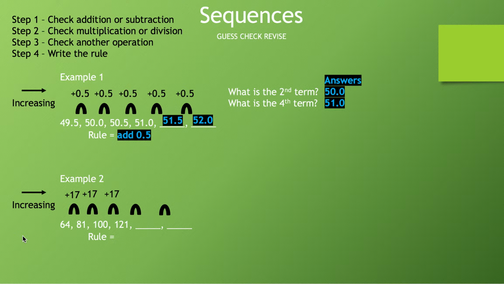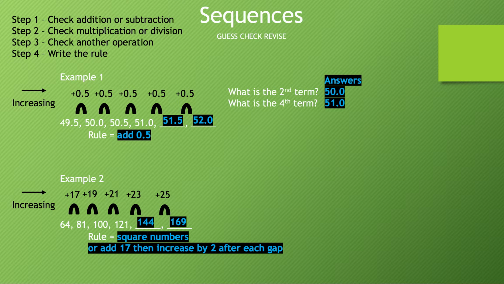Okay, well, at least it's not 17 and 17. Maybe if we take a look at 81 and 100, the difference is going to be 19, and then the other one's going to be 21. Oh look, there's a pattern: 17, 19, 21, 23. So my answers are going to be 144 and 169.